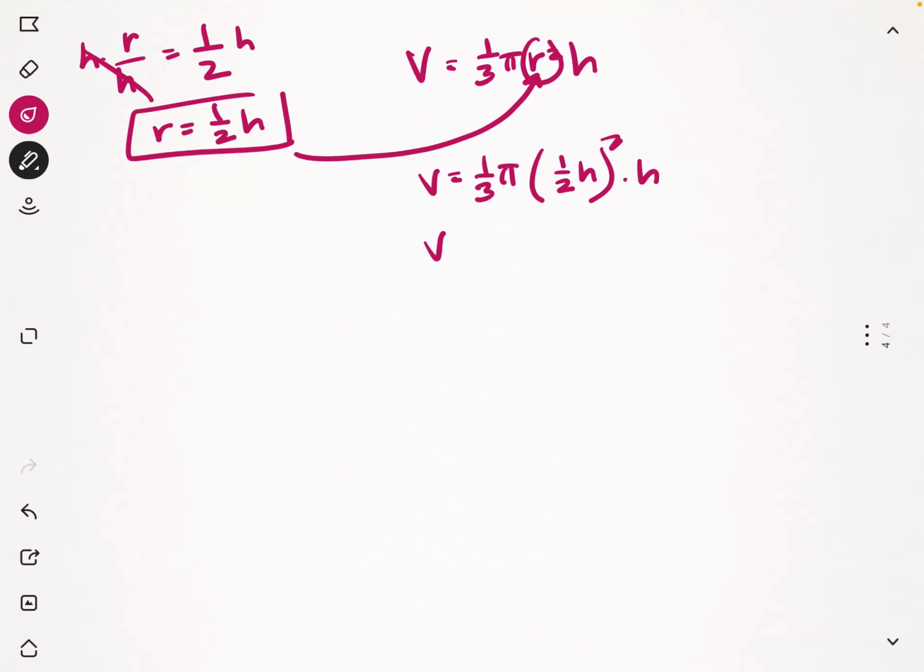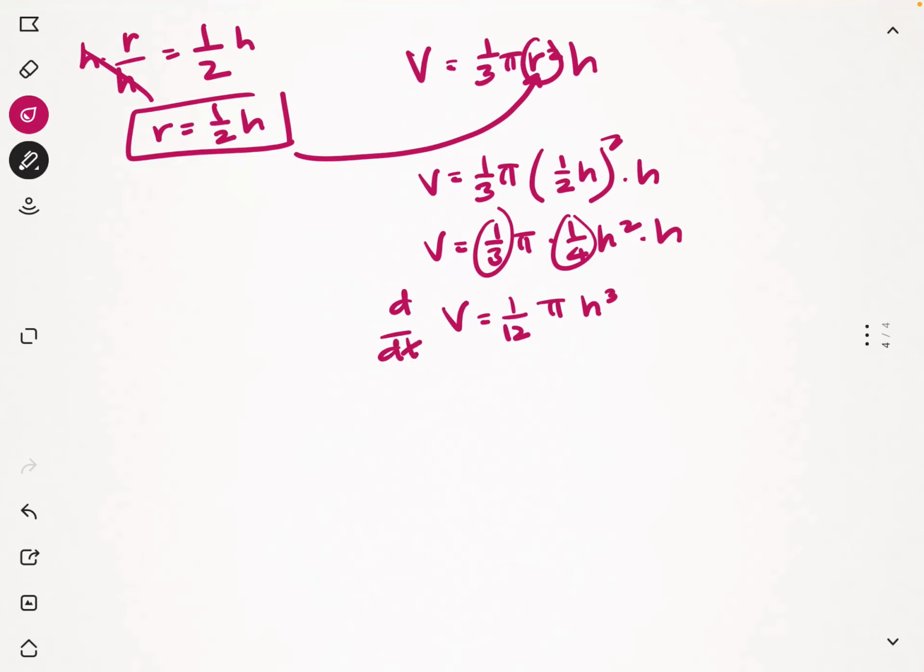So let's simplify this now. 1/3 pi, 1/2 squared is 1/4, and then h squared times h. So then we have 1/3 times 1/4 is 1/12 pi, and then h squared times h is h cubed. Now at this point, it's going to be easier to differentiate.